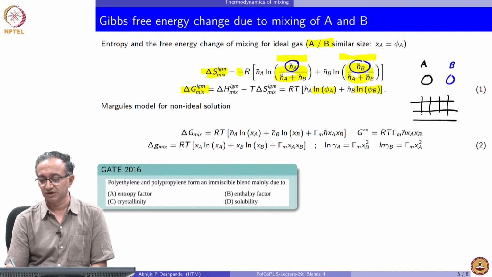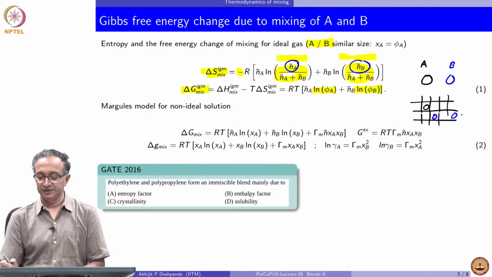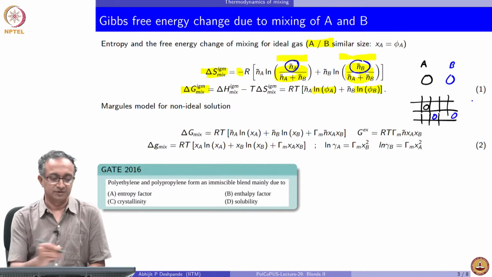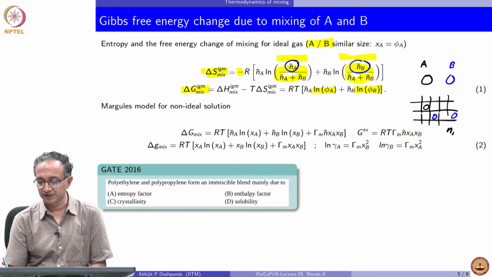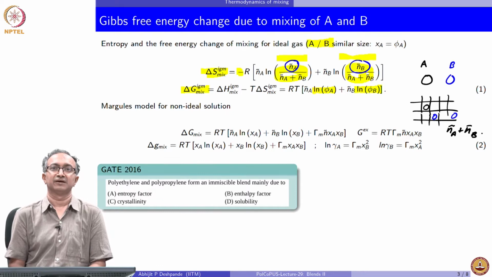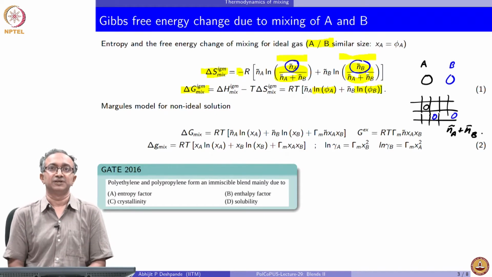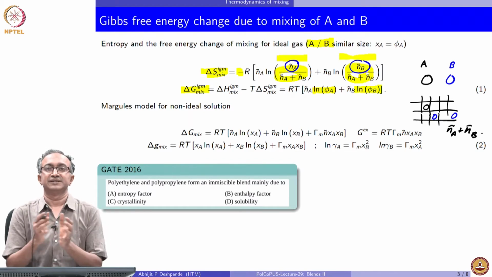So we have certain slots, and we can put each of these balls in each of these slots. So the total number of slots available is NA plus NB, and NA and NB are the numbers of individual molecules of A and B. So then, what is the number of different ways in which we can distribute these objects in these slots?